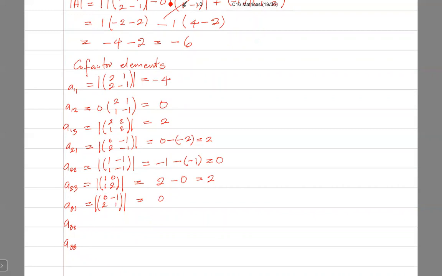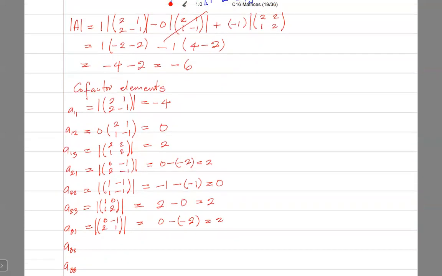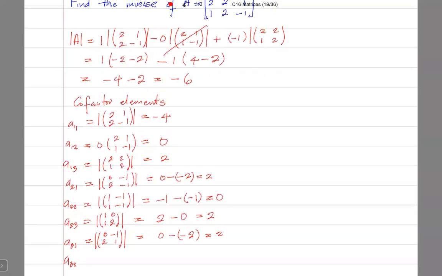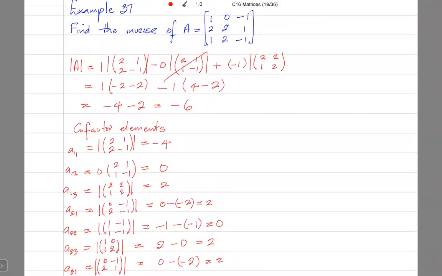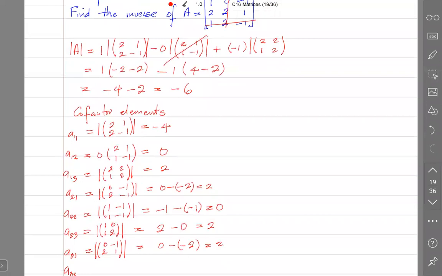This is 0 minus minus 2, which is 2. All right, set. That is for blocking out here and here: 1, 2, minus 1, 1.